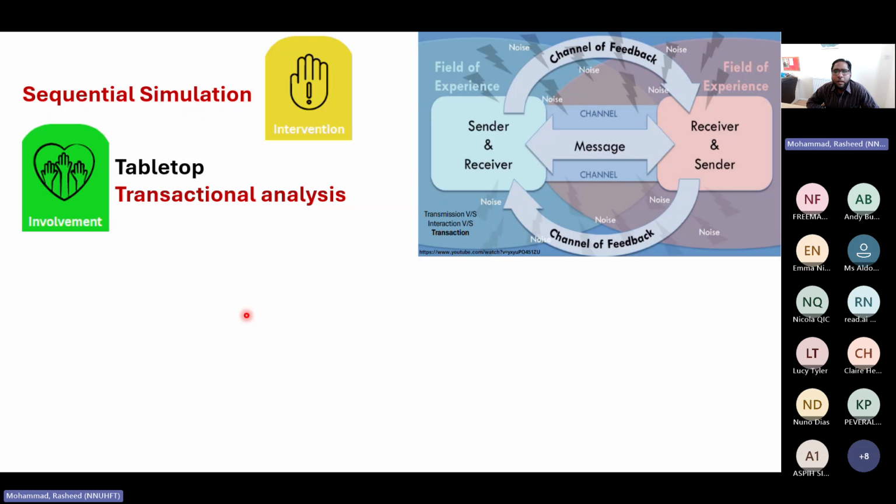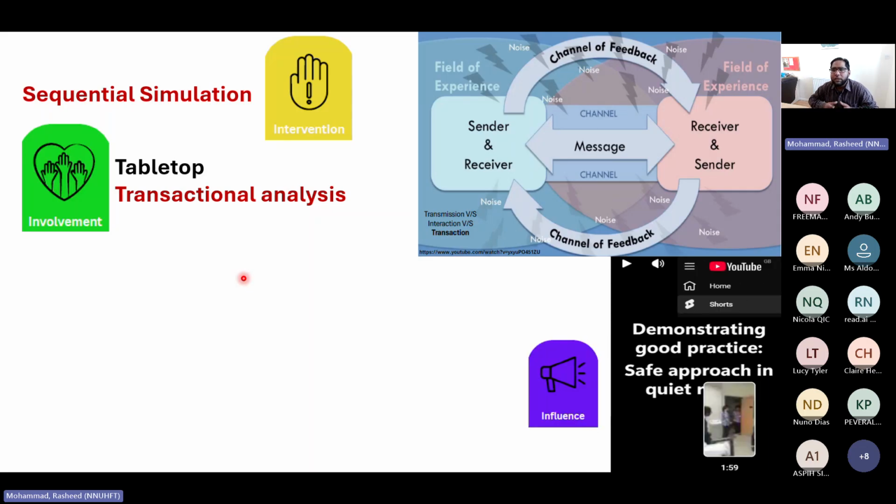And we used transactional analysis, which is a term used in psychology, and we conducted this analysis of why people behave the way they behave in these circumstances. And to further expand on this, the 2-minute summary video was shared with people who matter, for example, mental health liaison teams and the nursing lead, so that we can influence the people who can buy in to the approach that we are using.